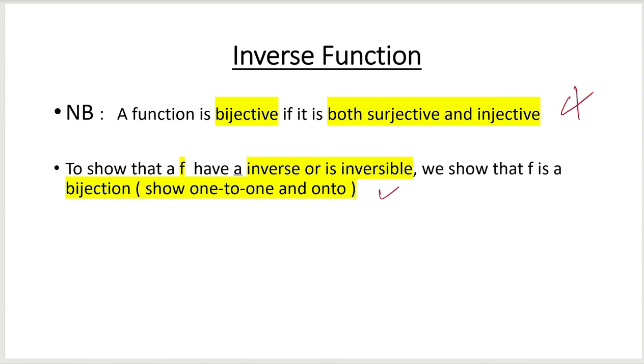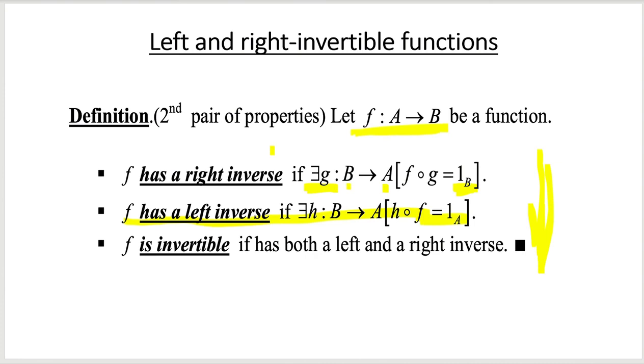For the right inverse, if you define the function f from A to B, f has a right inverse if there exists a certain function j from B to A such that f from j equals the identity of B. Similarly, f has a left inverse if there is a certain function h from B to A such that h from f equals the identity of A, right?